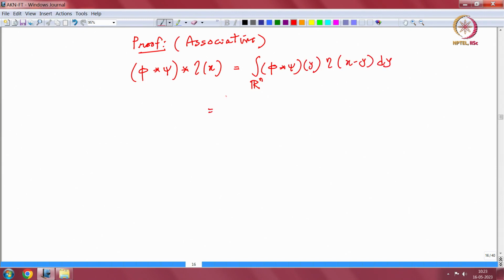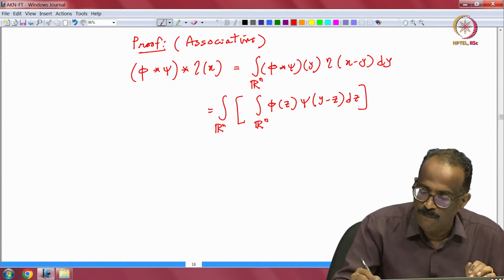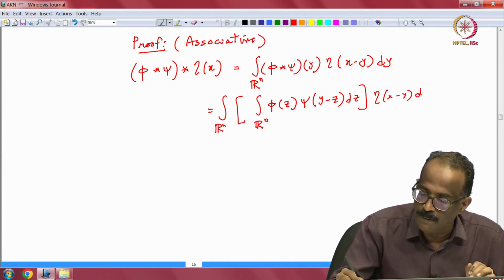Now, you write that as an integral again over Rn, phi of z times psi of y minus z dz, times eta of x minus y dy.